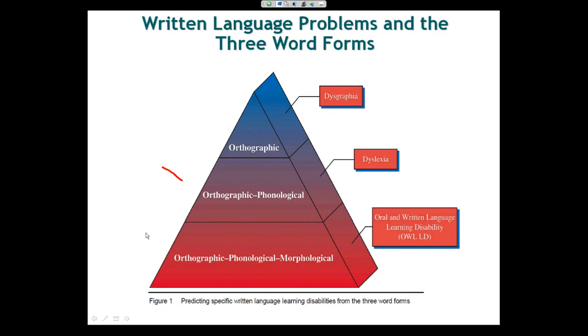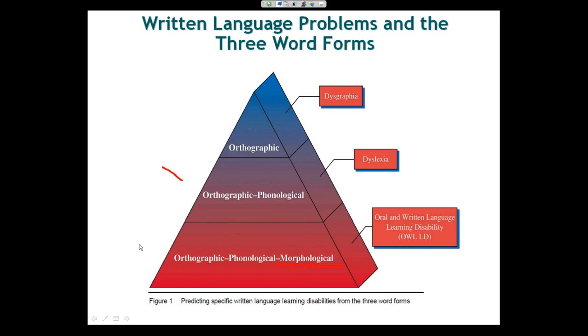What happens, I think, when they go to fourth grade and beyond, where the demands of the curriculum shift to comprehension, what they rely on then is more the morphological, getting meaning from context. What happens, though, I think, is even though they might be able to use the context to circumvent that weakness with the orthographic and the phonological, I think that continues to impact the spelling.